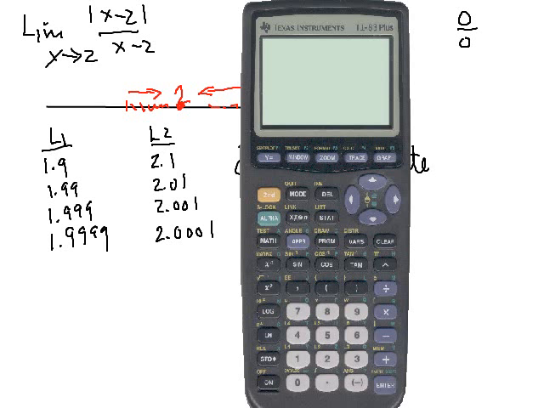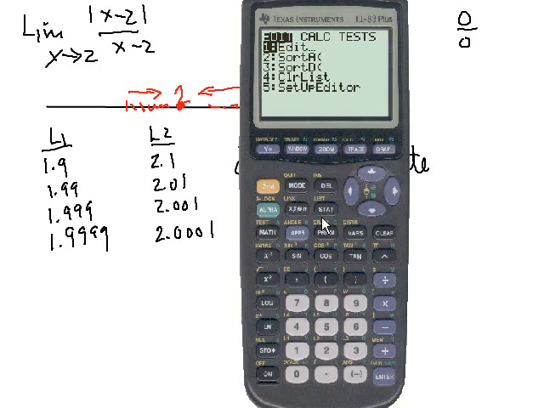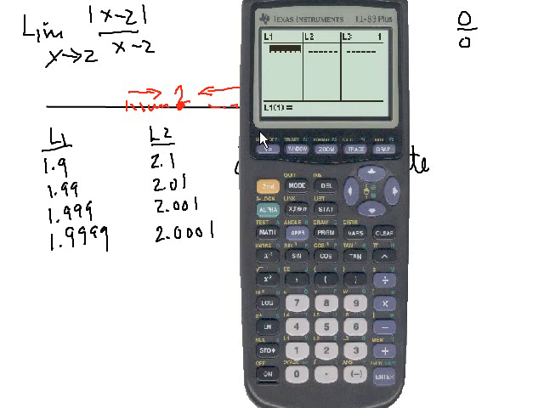I'll pull up a calculator here. Let's hopefully get all of it in here and turn it on. Okay, now we need to find the list functions. This is going to be under stat, and under stat there's the edit, so we can say list 1.